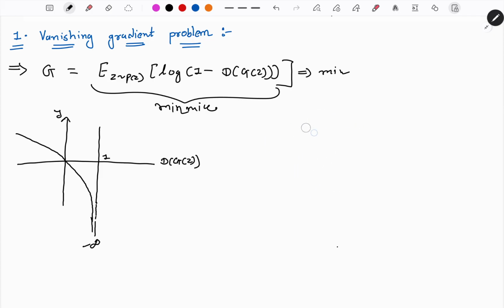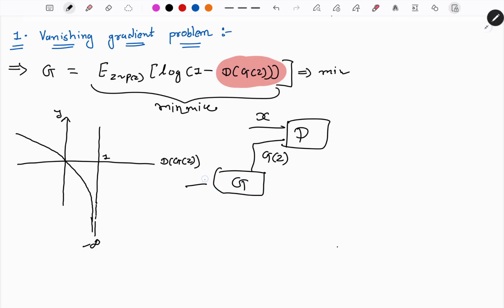So by considering these terms, let's start the discussion further. What we eventually want is that this entire term becomes 1. Because, if you remember, in our GAN network, this is the discriminator. There are two channels. Here x is coming, which is real, and G of z, which is generated by the generator, is also coming.